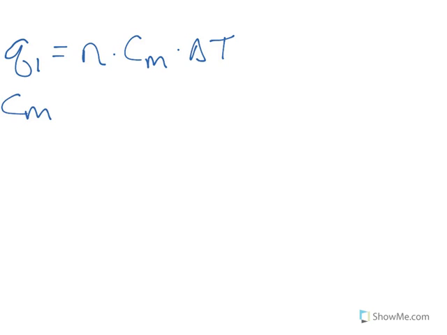For H2O liquid, it is equal to 75.4 joule per mole degree C. That's not a number you necessarily need to memorize. That would be provided to you if I were ever to give you this on a quiz or an exam.